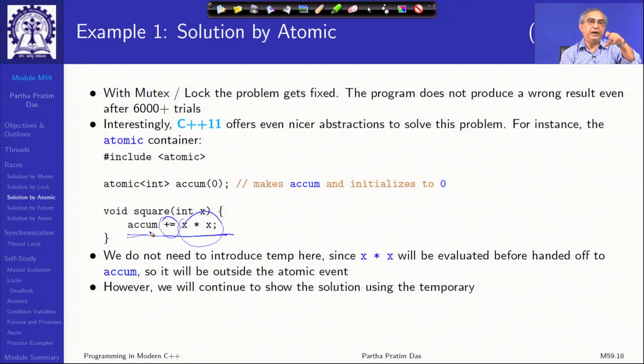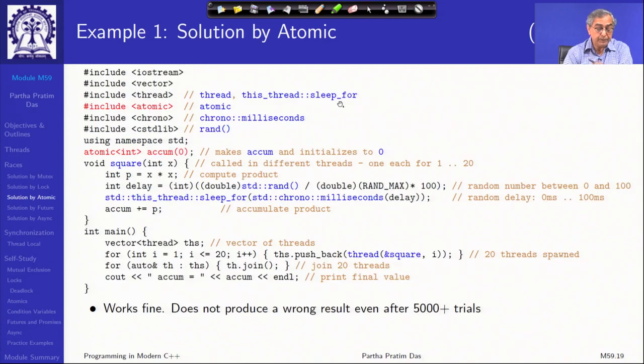That is, when one thread is doing the update, that it has read the value of the accumulator and is adding the product to it and getting the final value, during this time, no other thread will be able to do that.